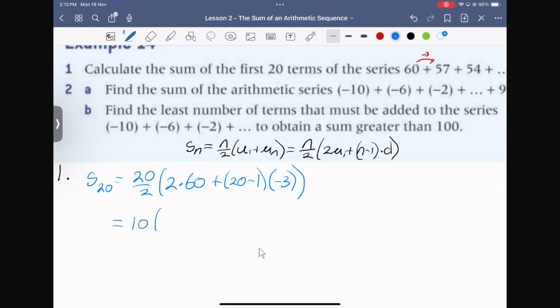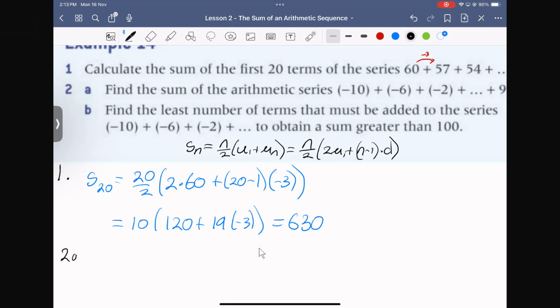That's 10 times 120 plus 19 times negative 3. Do we get 630? Excellent.